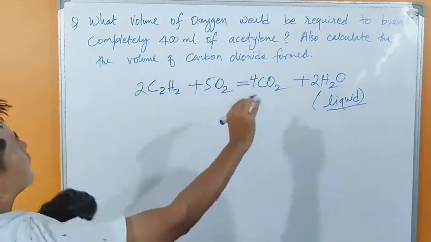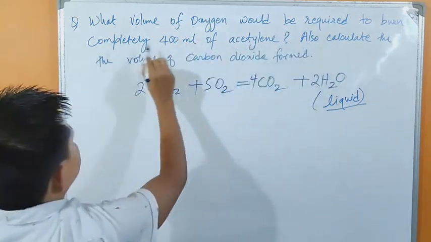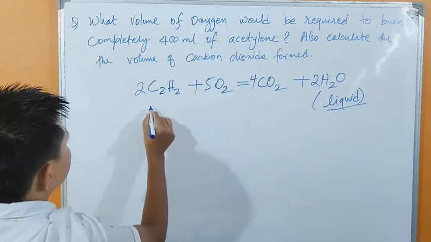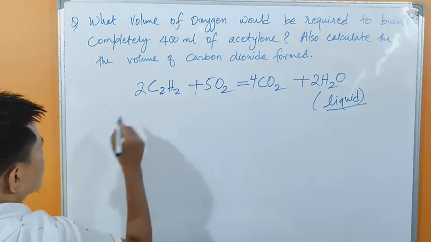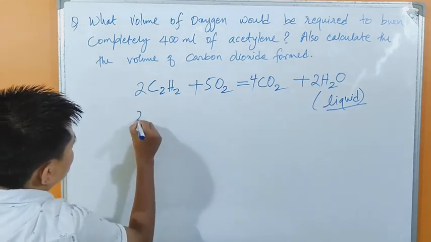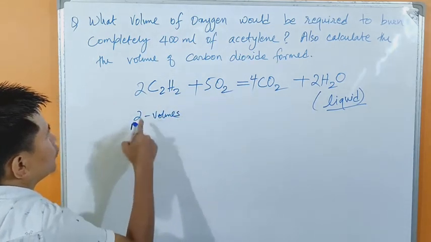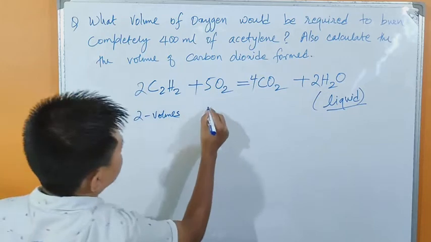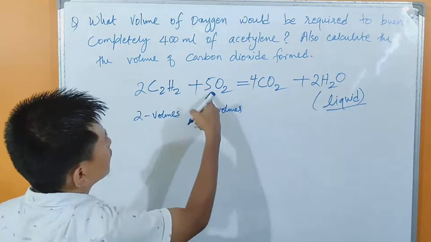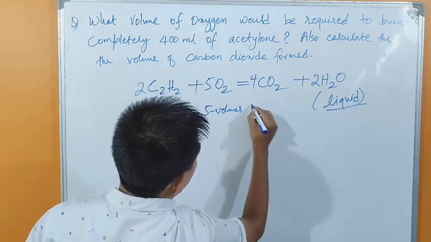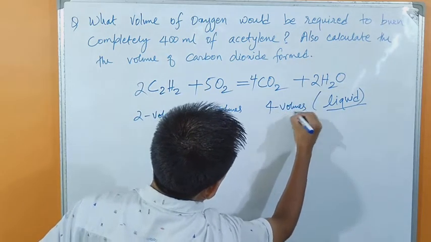Now let us read out the question. What volume of oxygen would be required to burn completely 400 ml of acetylene? 400 ml of acetylene is given to us and volume of oxygen is asked. Since 2 volumes of acetylene requires 5 volumes of oxygen and produces 4 volumes of carbon dioxide.